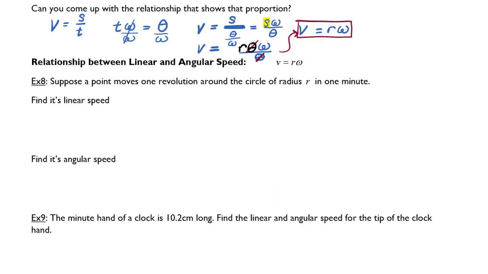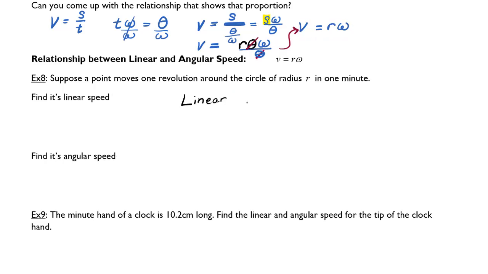So suppose a point moves one revolution around the circle of radius r in 1 minute. What is its linear speed? So I know that the linear speed is how far it's gone in 1 minute, and s equals r theta over t, then I can replace the theta with 2 pi.